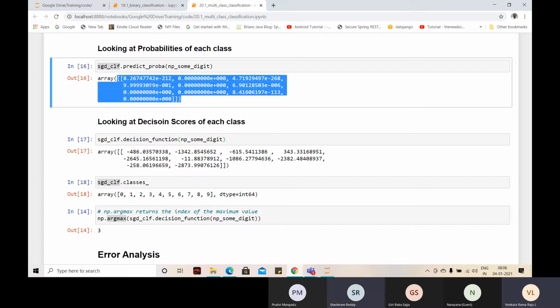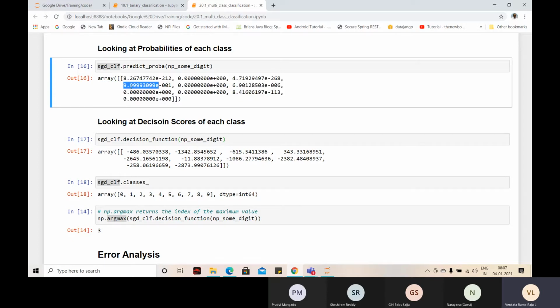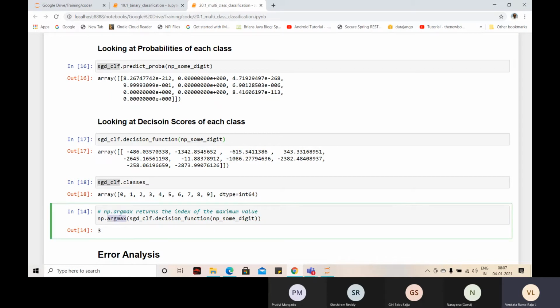Argmax gives you the index of that value, index 3. Yes, you're almost there. It gives you the index only, it is not going to give you the value. It looks at the values, and whichever value is high, that index it returns. See, when I did argmax, it gave me 3. That's how it actually predicts.